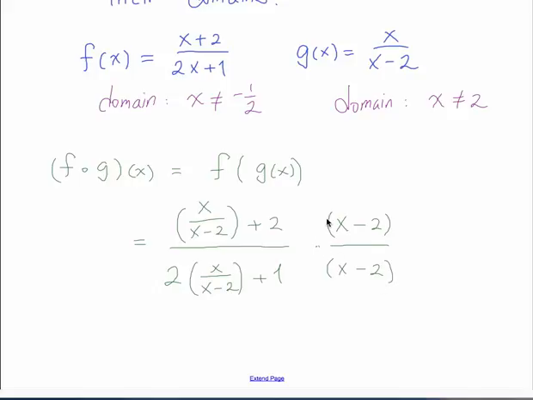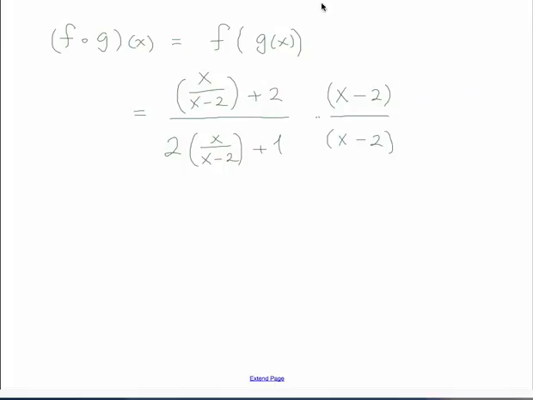Okay? Notice that whatever I'm multiplying here on this right side is 1, because x minus 2 over x minus 2 is 1. Okay? So now I am going to multiply this x minus 2 on top to the numerator. But we have x over x minus 2 plus 2, so you have to distribute.